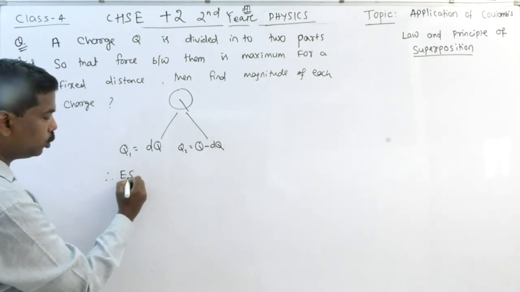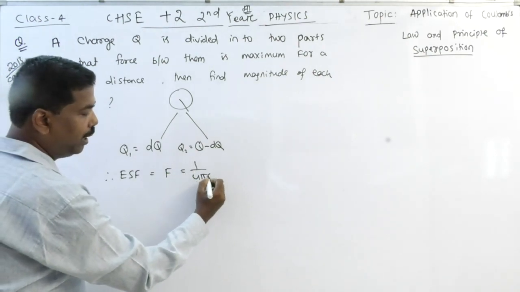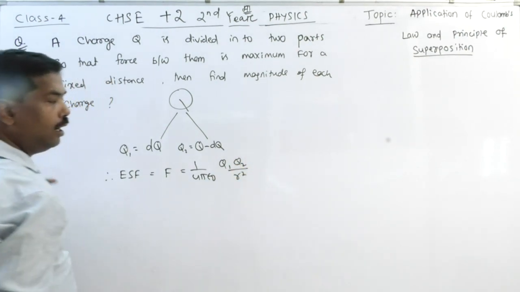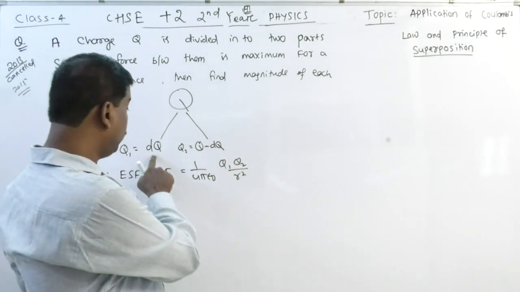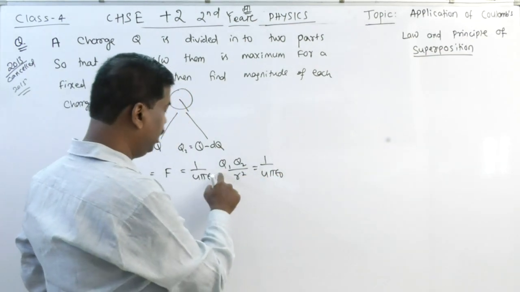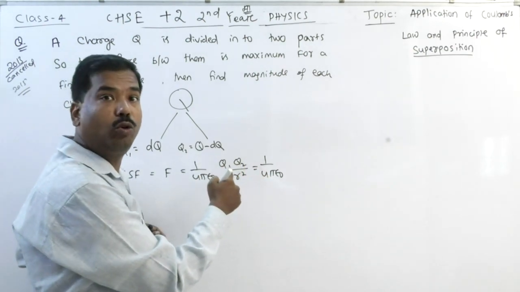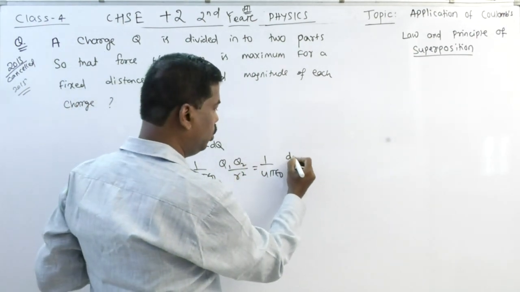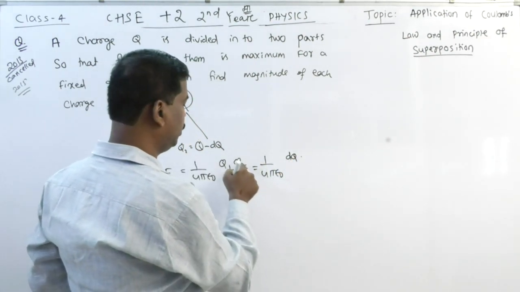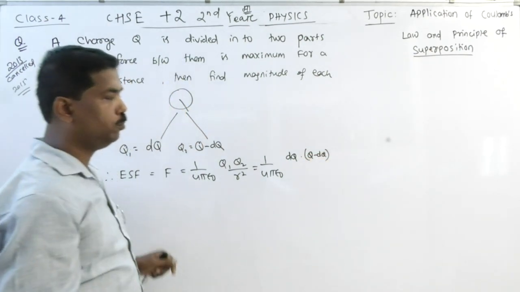Therefore, electrostatic force F is equal to 1 by 4 pi epsilon 0 q1 q2 by r square. It means q1 is dq and q2 is Q minus dq. So instead of q1 I have written dq and instead of q2 I have written Q minus dq. Clear?